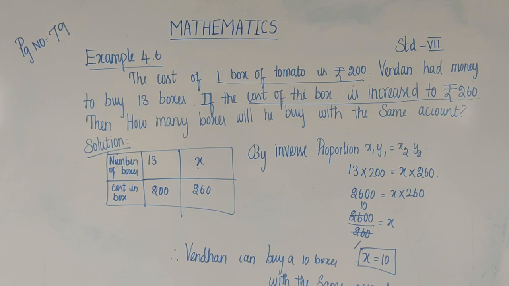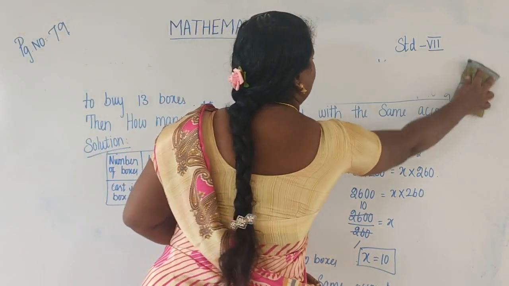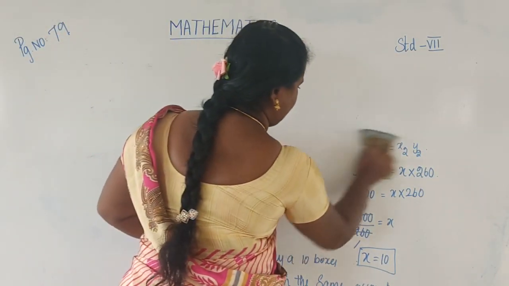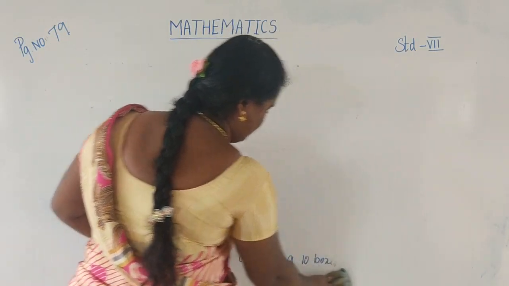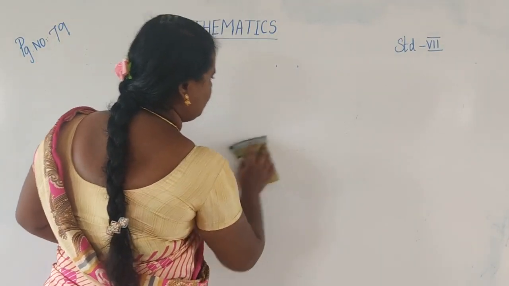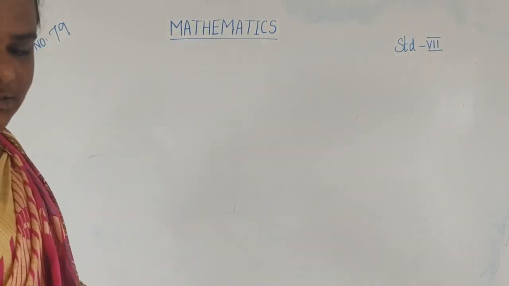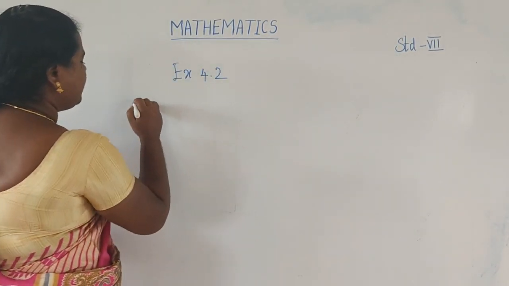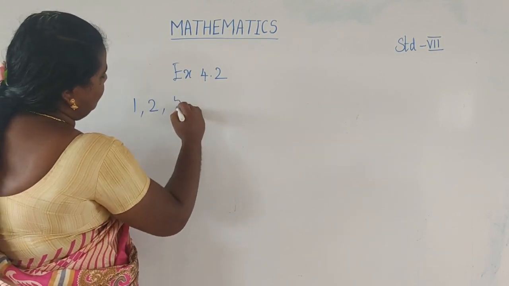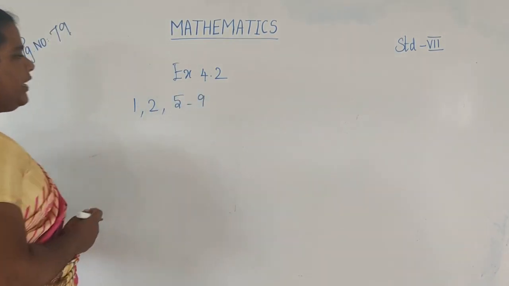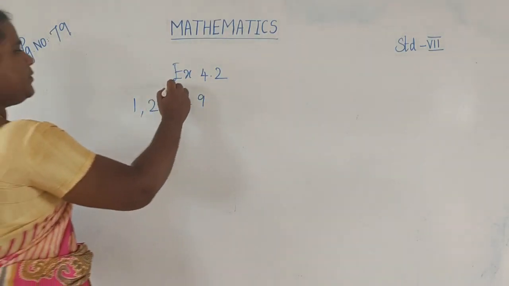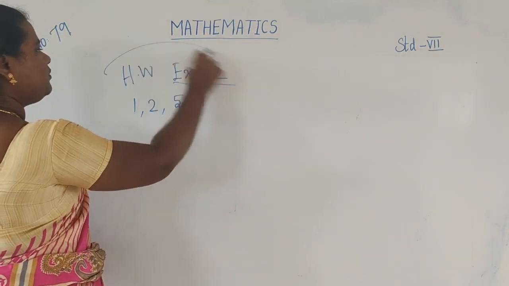Exercise 4.2, problem numbers 1, 2 and 5 to 9. Okay, the same method, inverse proportion. This one is homework.